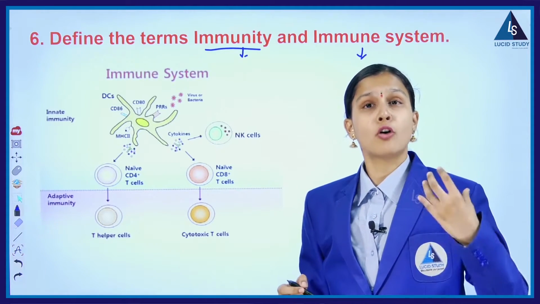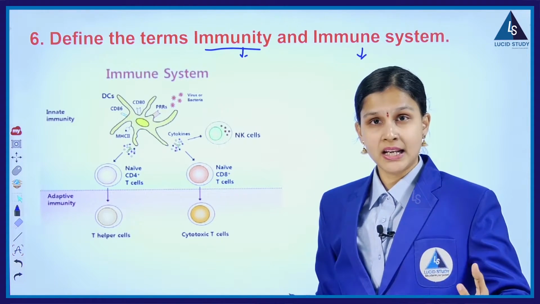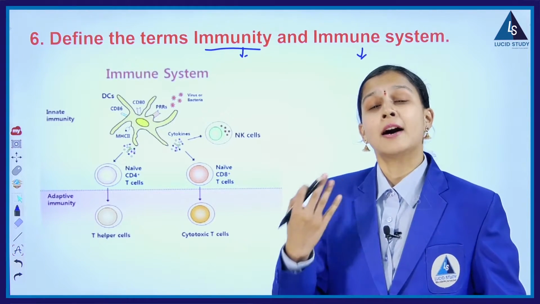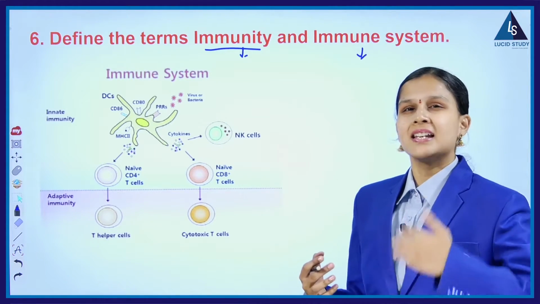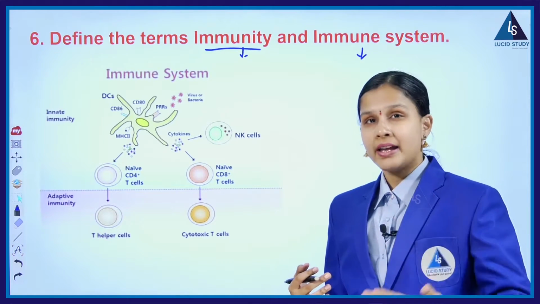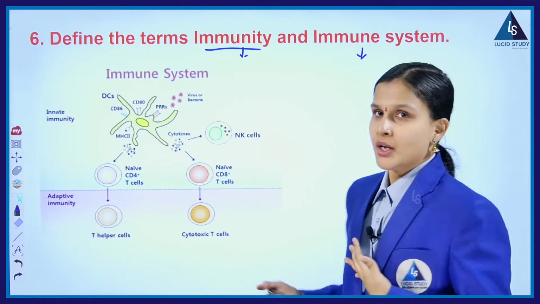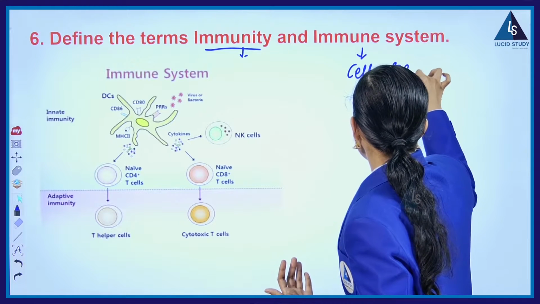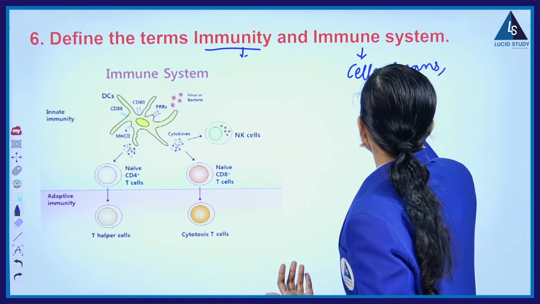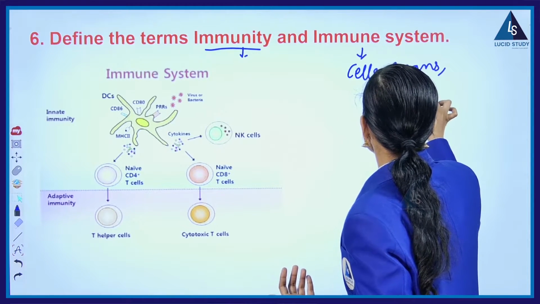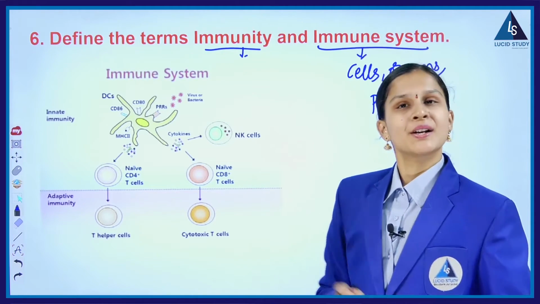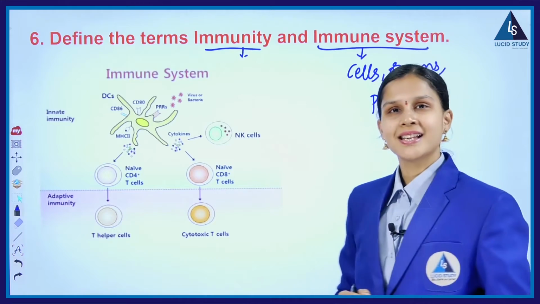It is a network of organs, cells and proteins to fight against disease causing pathogenic or harmful microorganisms, that is usually against bacteria, virus, fungi, etc. So this network of cells, organs and proteins to fight against these disease causing organisms is called the immune system. So this is how we are going to answer this question.